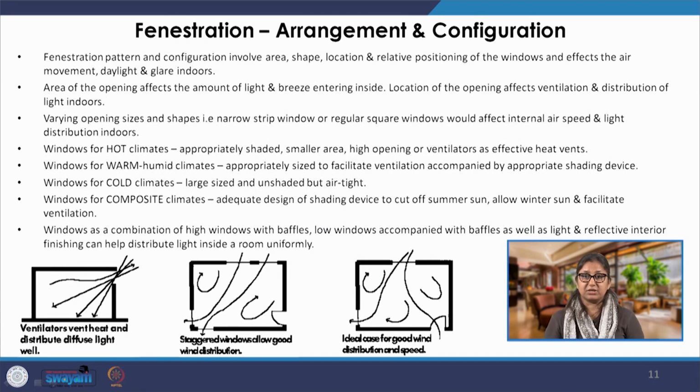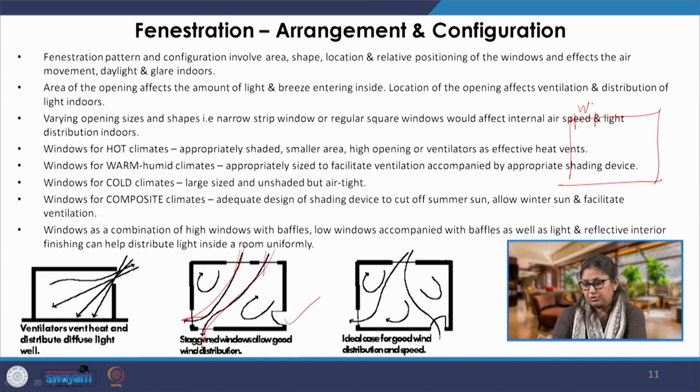Then we come to fenestration, both arrangement and configuration and also the orientation. Now, if you look at this particular case, here we have windows on opposite sides. So, there is good possibility of cross ventilation. If we have a window provided only on one side, and a door which does not open all the time, but assuming it opens, we will have this kind of possibility for natural ventilation, and in the surrounding areas there may be eddies.